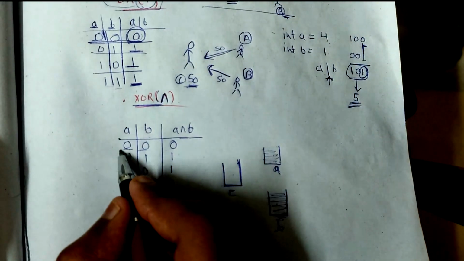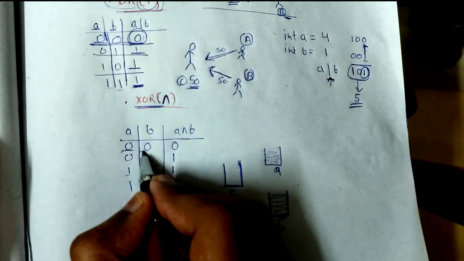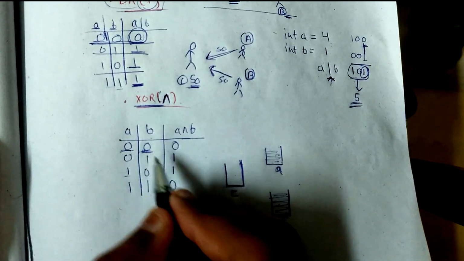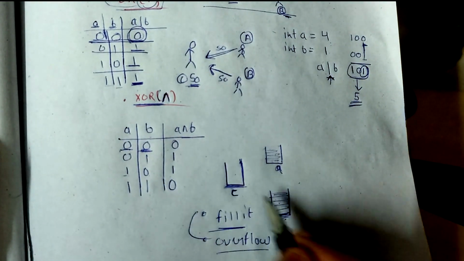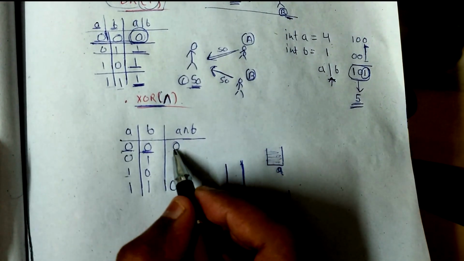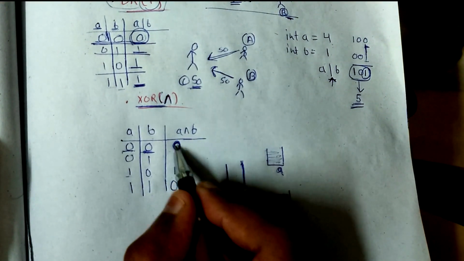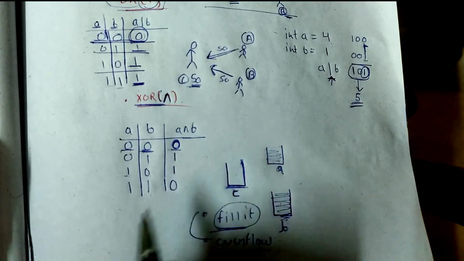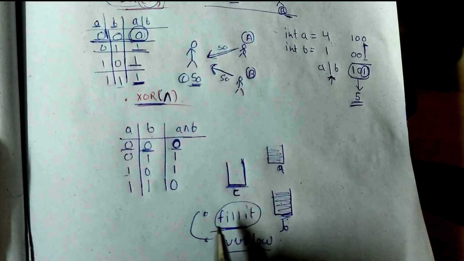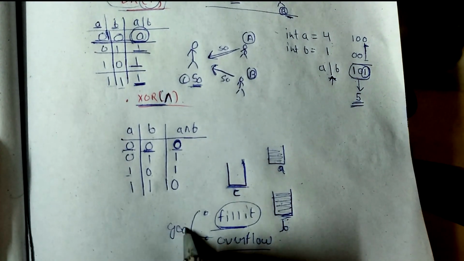So let's look at this. If you don't pour A and you also don't pour B, then C would remain empty. So this condition won't be satisfied. So our goal is not achieved, so we put a 0 here. 1 means goal achieved. So this was our goal.